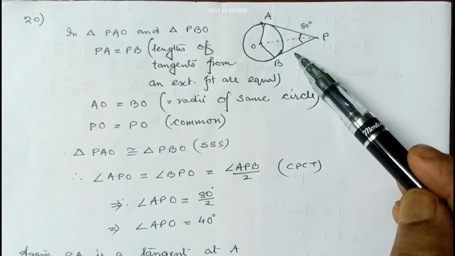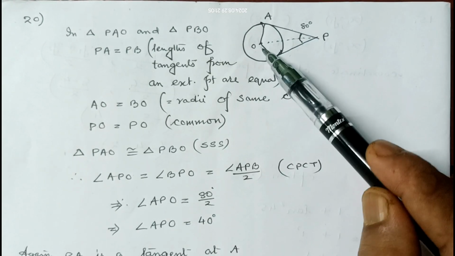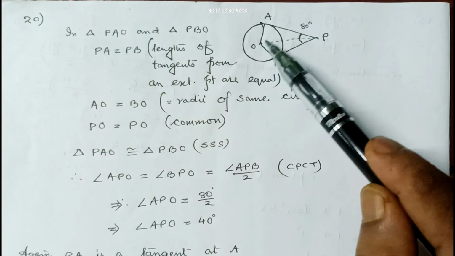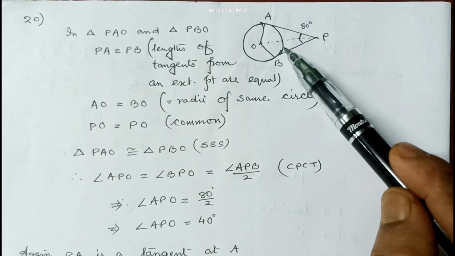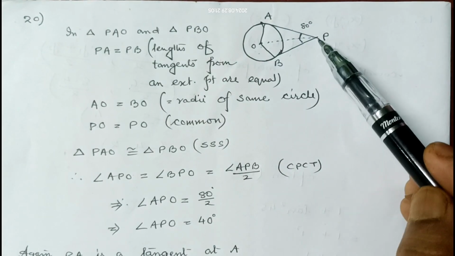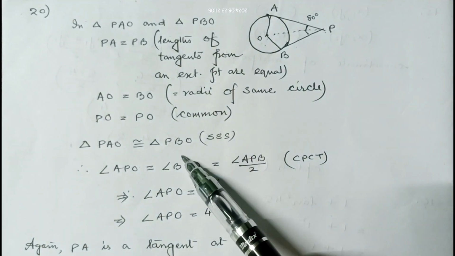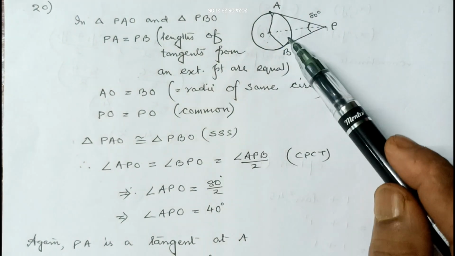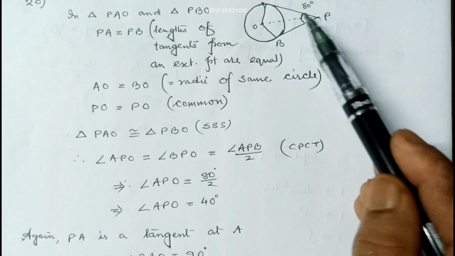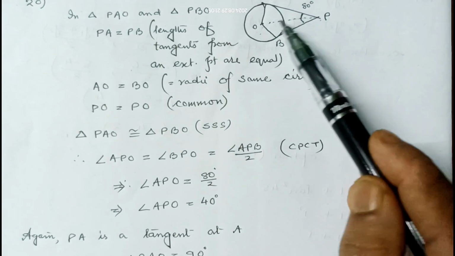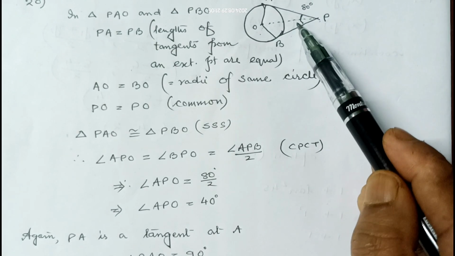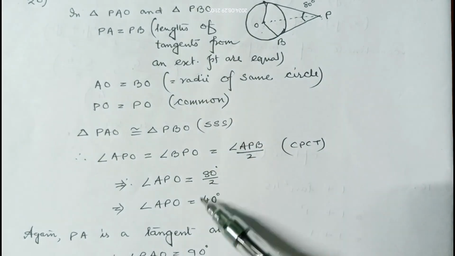So PA and PB are equal, AO and BO are equal, PO is common. So triangles PAO and PBO are congruent. Since these two triangles are congruent, angles APO and BPO will be equal. Total is 80, so each angle is 40.